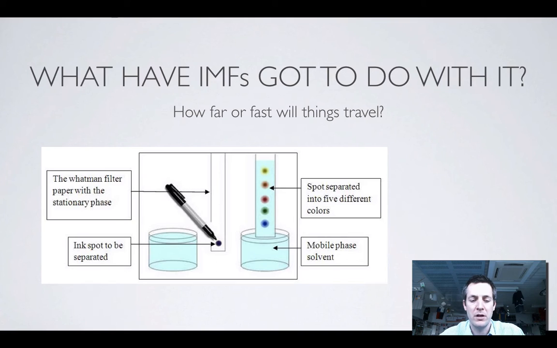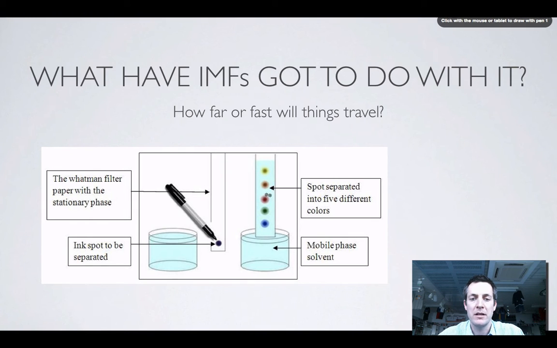Okay, so if we've got an ink spot that we want to separate out into these dyes, then as this solvent, the mobile phase, moves up the stationary phase, the distance that these different colours are going to move is going to depend on how strong the forces are between these different colours and the solvent, and how strong the forces are between them and the stationary phase.